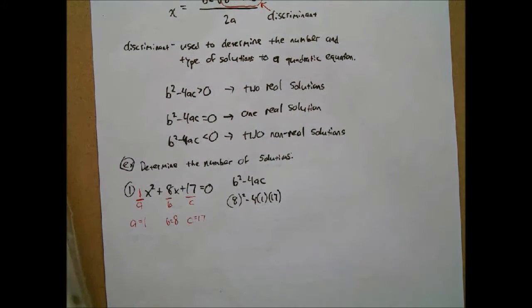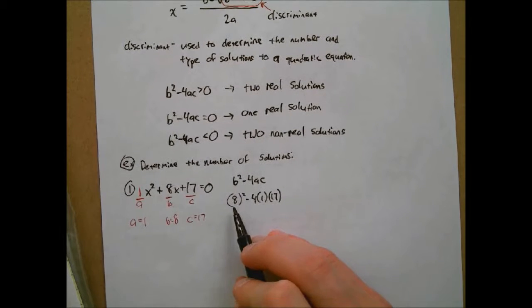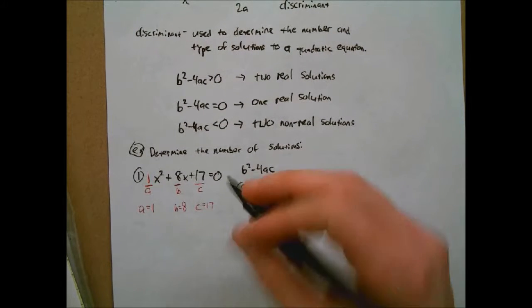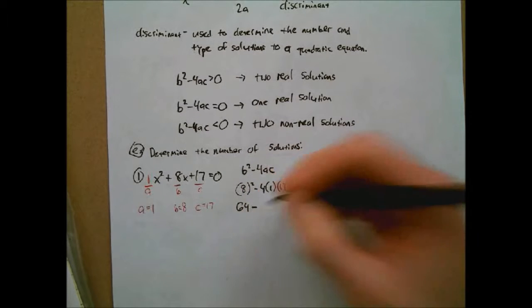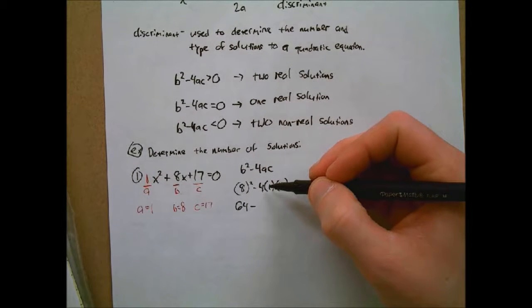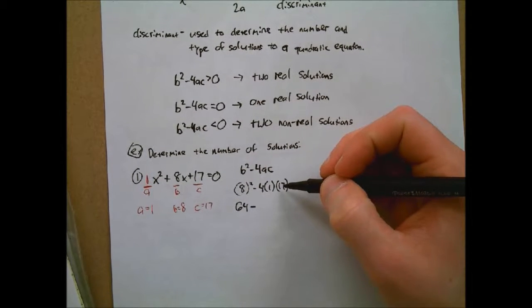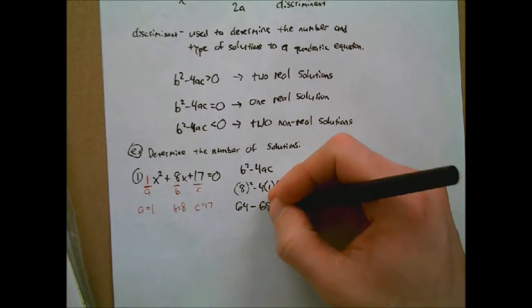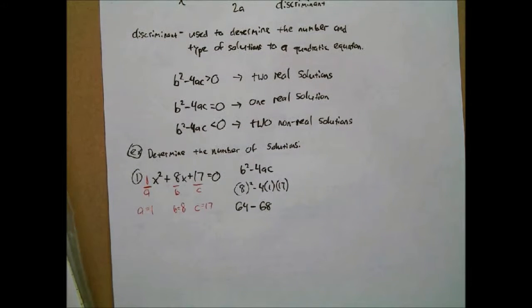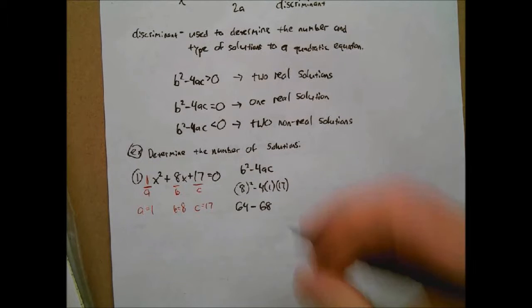Let's simplify it here. 8 squared is 64. 4 times 1 is 4, times 17 is 68. Make sure I did that right here. Pretty sure I did. Yes.